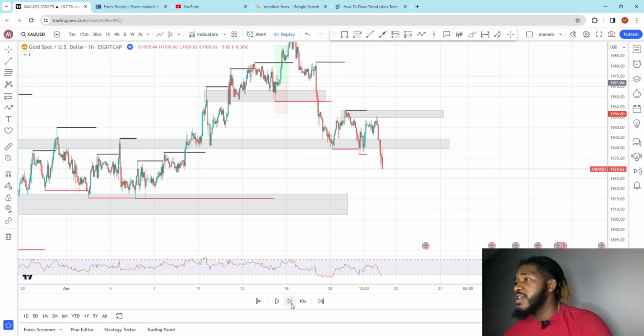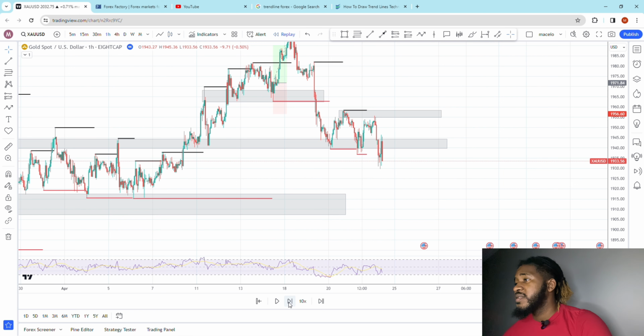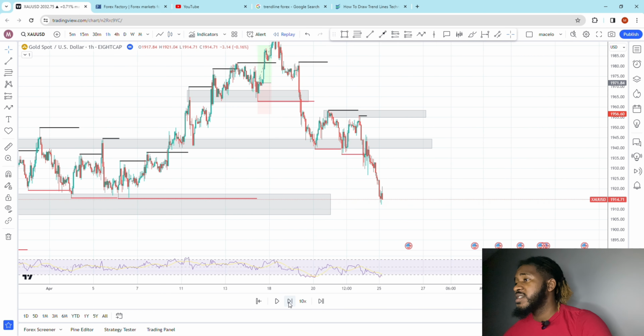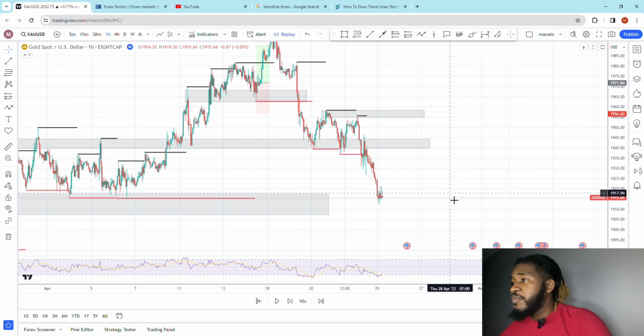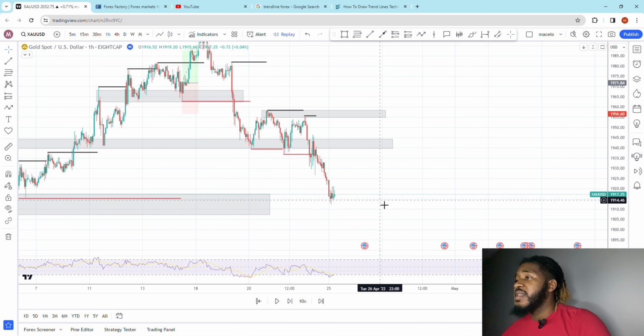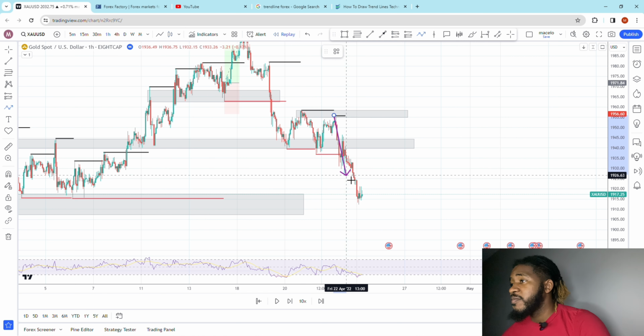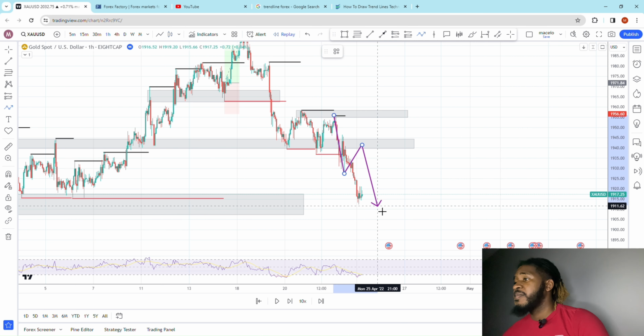So we get a break of this area and let's see if we can get pulled back. And that was it. Not the pullback I wanted to see. I would have loved to see a better pullback than that. I would have liked to see a pullback where price actually at least made this kind of push before selling.